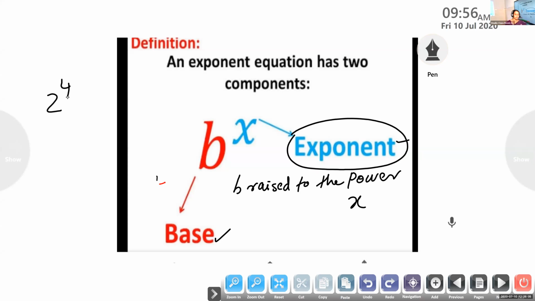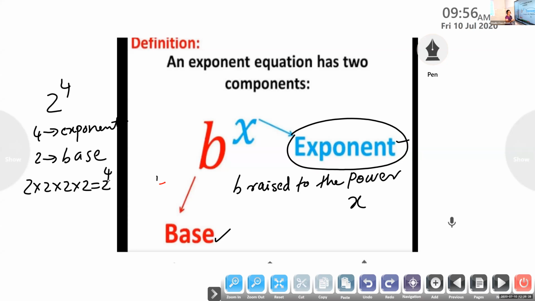Here, which is the exponent? 4 is the exponent, and 2 is the base. Here, 2 into 2 into 2 into 2 is 16. 2 is multiplied 4 times.